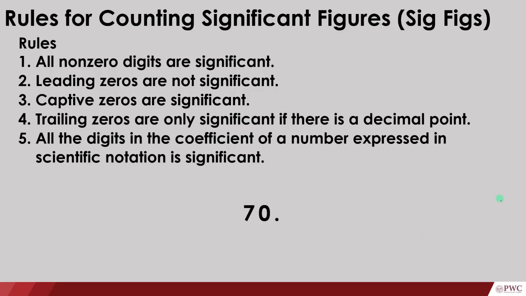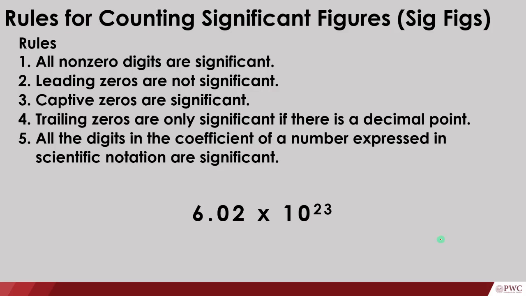Next, we have 70 point. So we have here a decimal to indicate that this zero is significant. Obviously this 7 is significant, and this trailing zero is also significant because there is a decimal point. So here we have two significant figures.